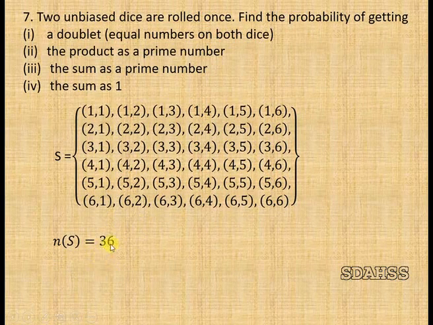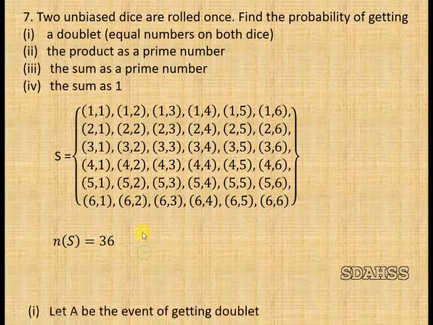Totally there are 36 outcomes, so n of s is equal to 36.